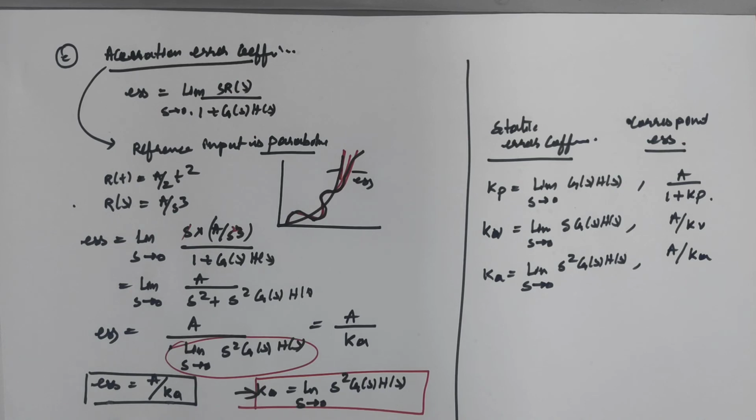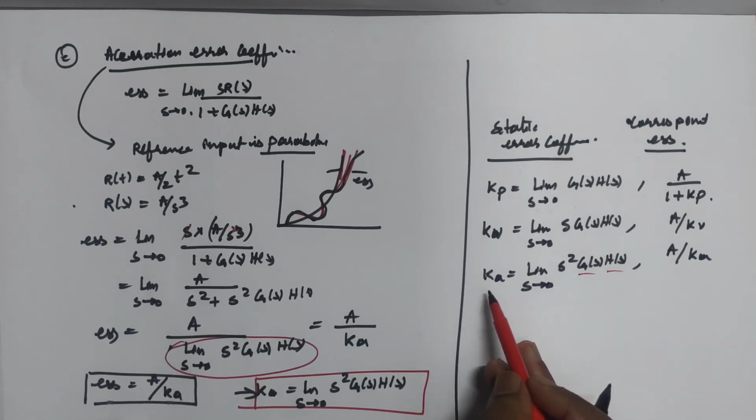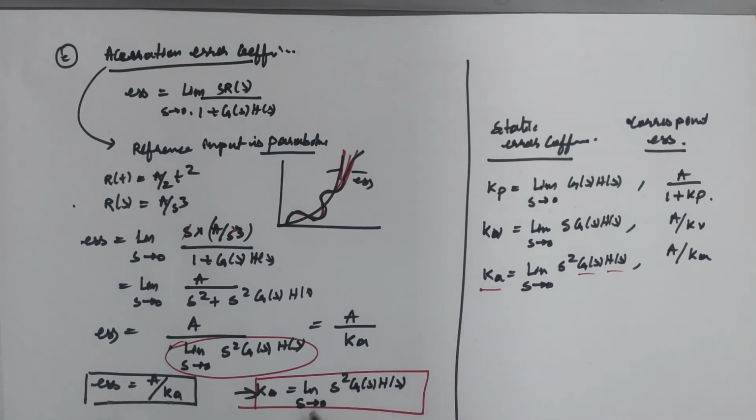In questions they'll simply give a system g of s and the feedback element, then ask you to find the error coefficient.